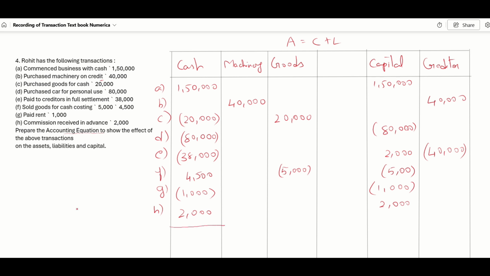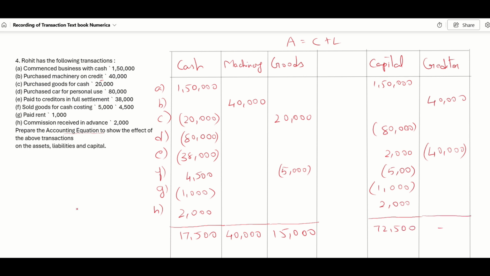Okay, now we'll total it to check if both sides are balancing. So cash stands at 17,500, machinery at 40,000, goods at 15,000, capital at 72,500, and there is no creditor.